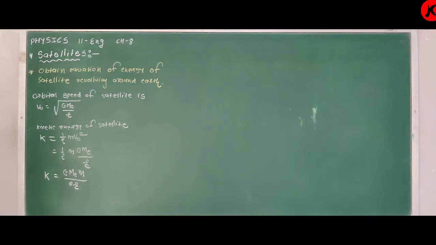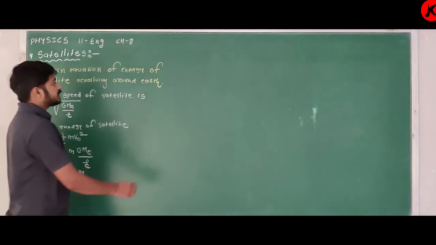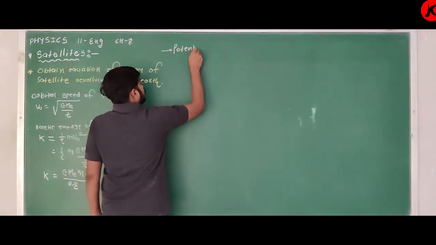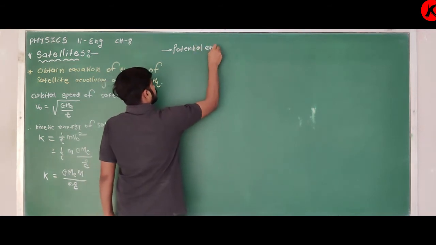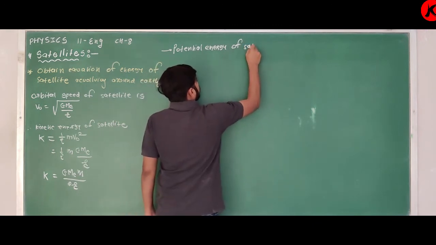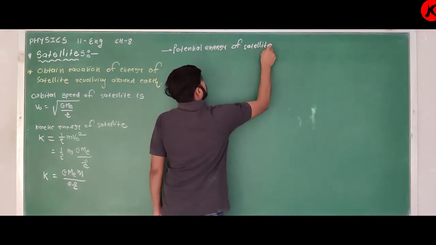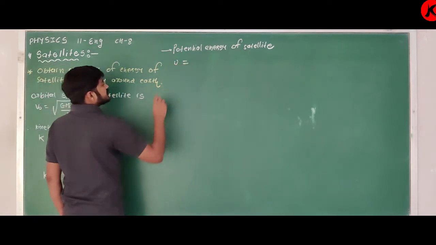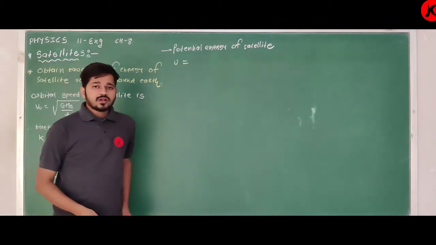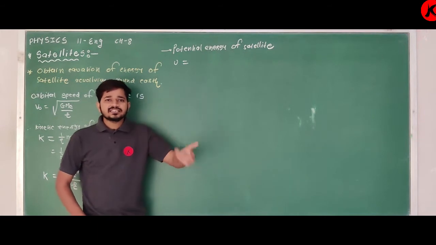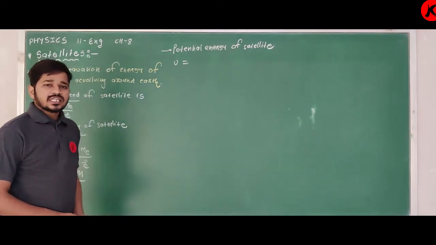Now equation of potential energy of satellite. What is potential energy of satellite? U is equal to, see, satellite of mass m is revolving in orbit of radius r, means satellite is at distance r from center of Earth.